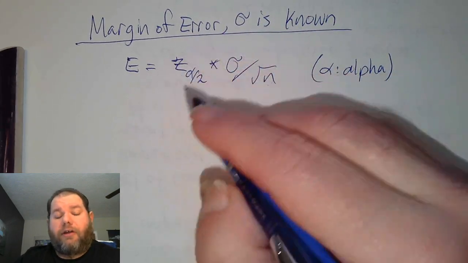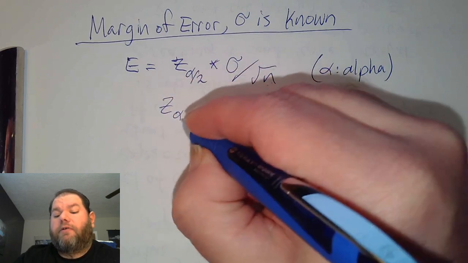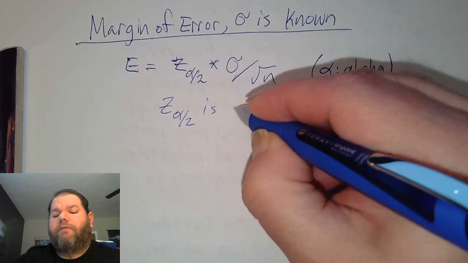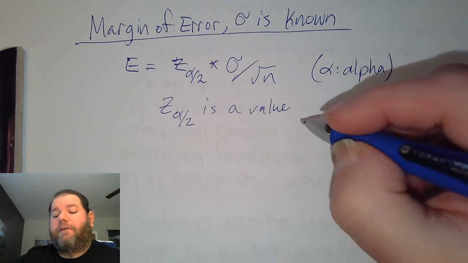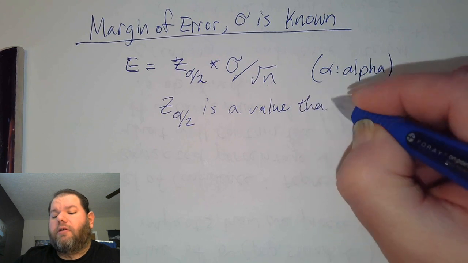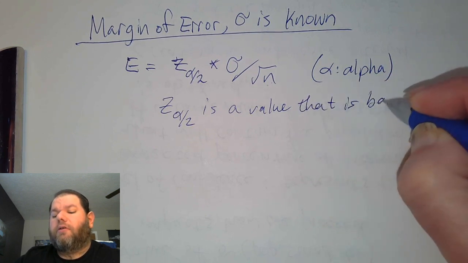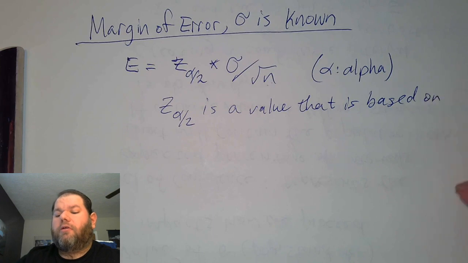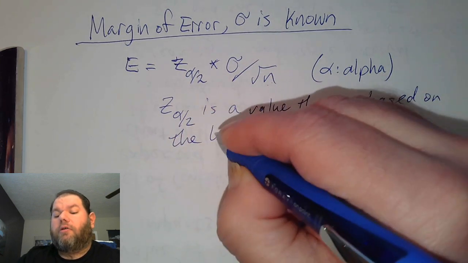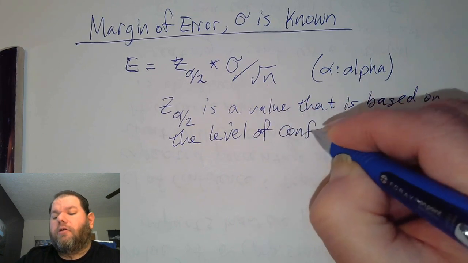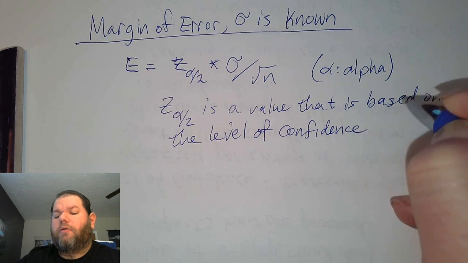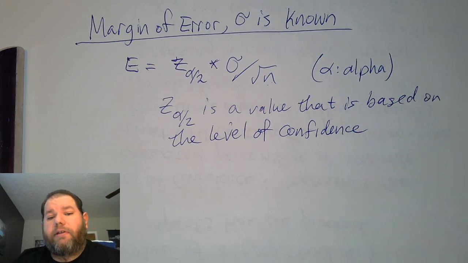Let's focus on the z alpha over 2. Z alpha over 2 is a value that is based on the level of confidence. Now, we will always be given the level of confidence that we will use in these problems.